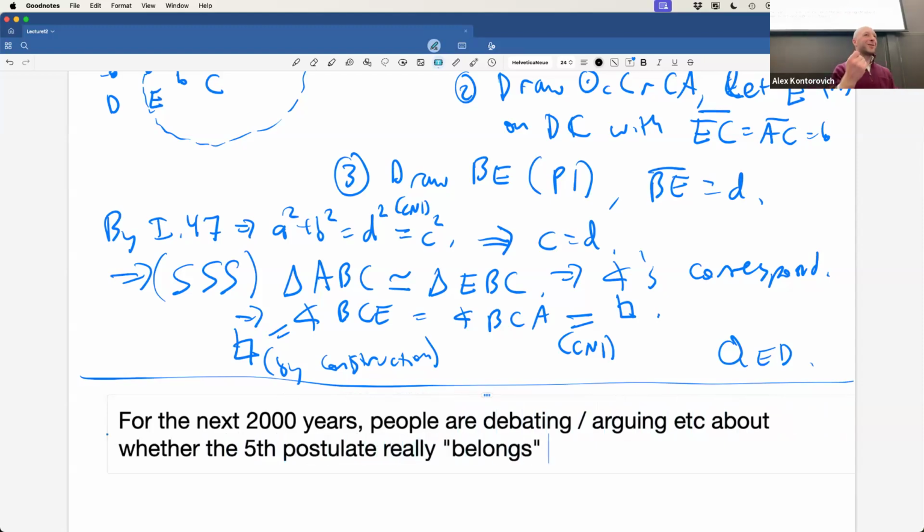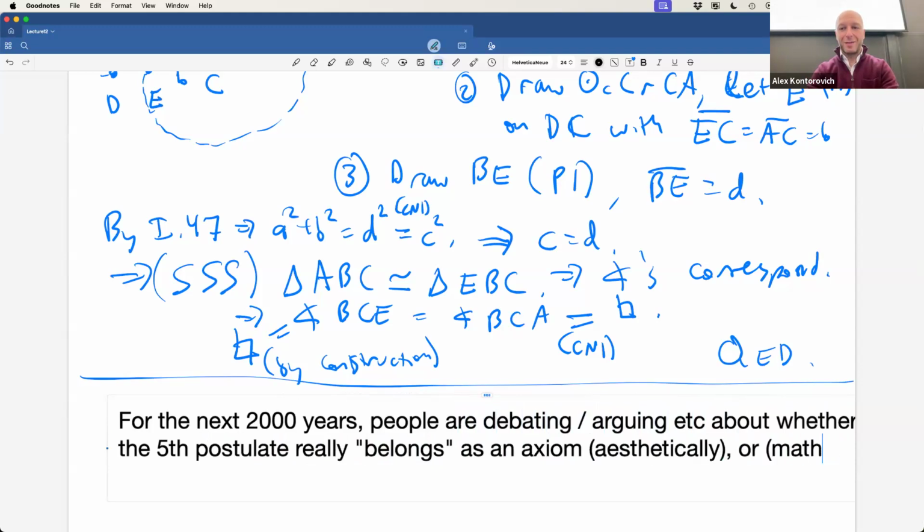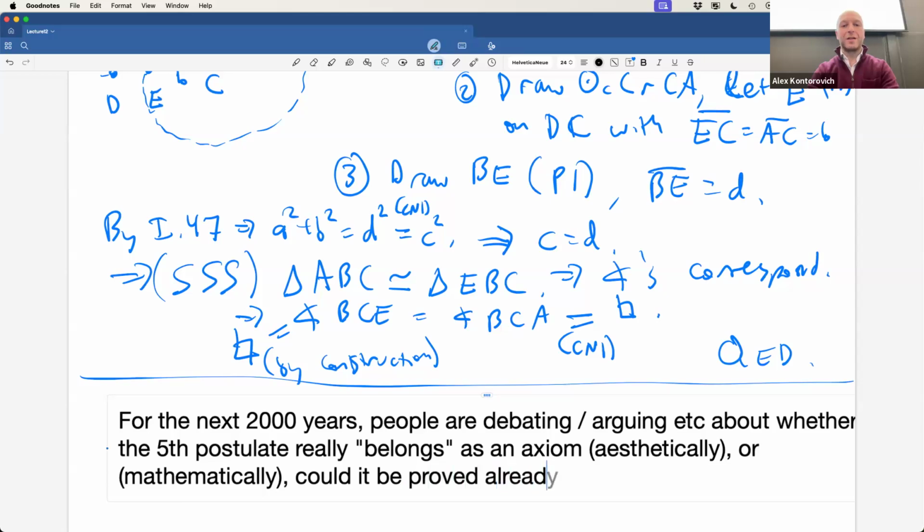Of course, this is a mathematical statement. Whether it belongs as an axiom is kind of an aesthetic question, but there's also a mathematical question here: could it be proved already from the first four?